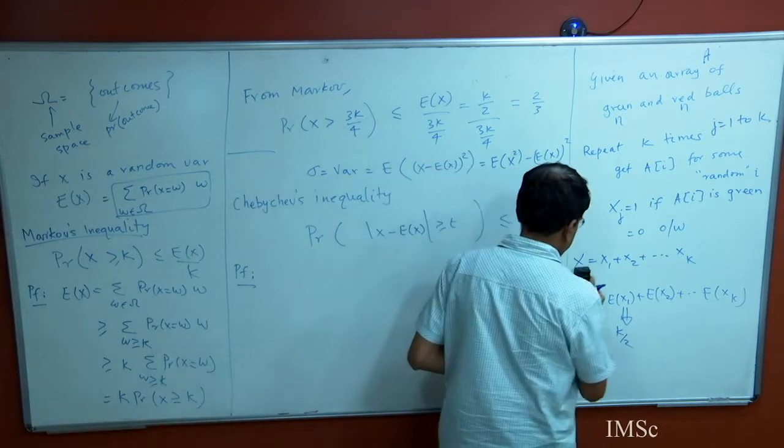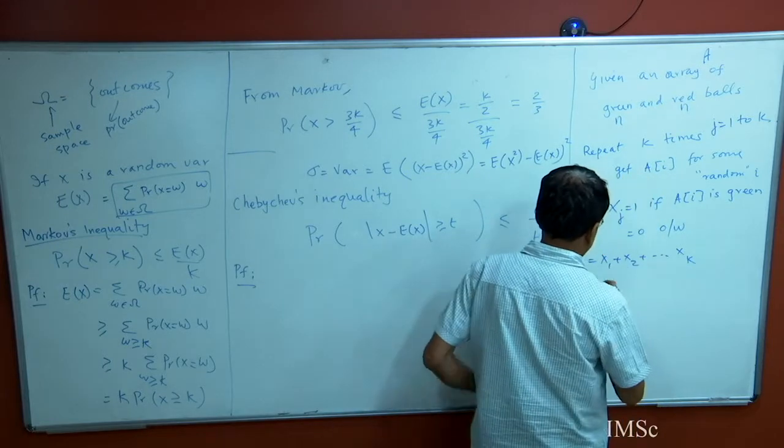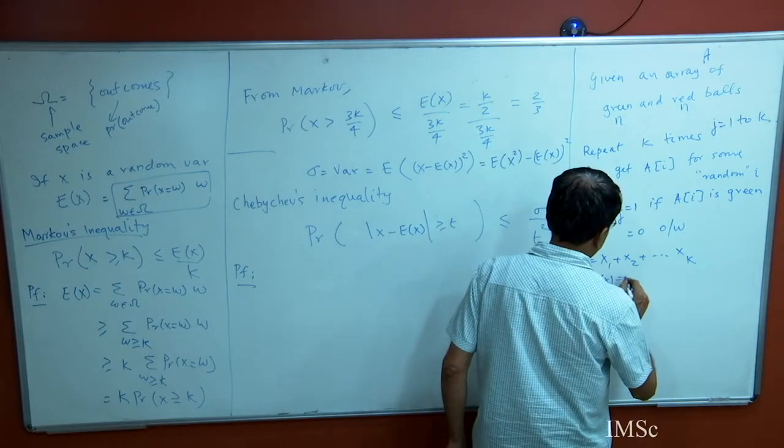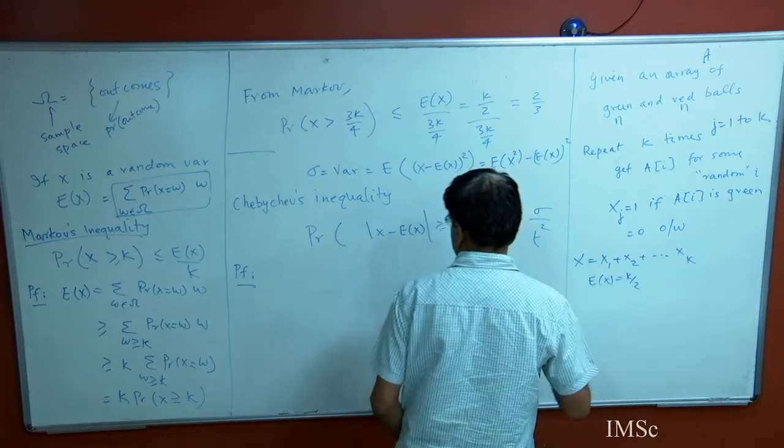So let's compute the variance here. So the expected value of x is k by 2, we have seen.